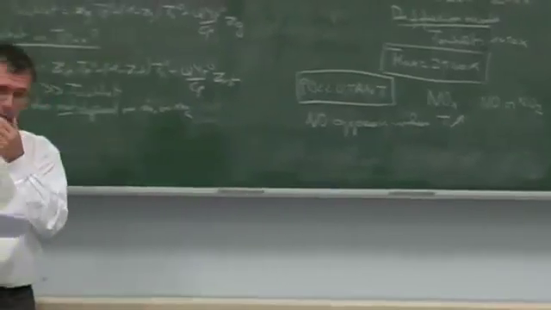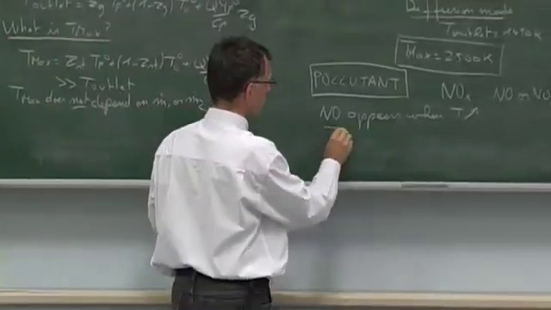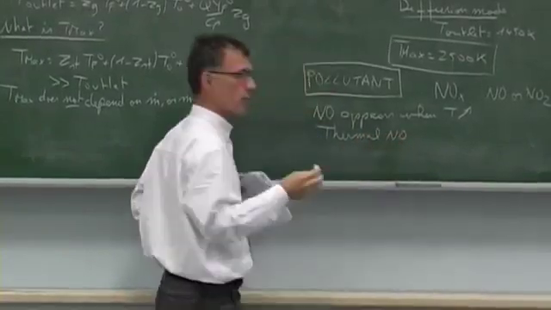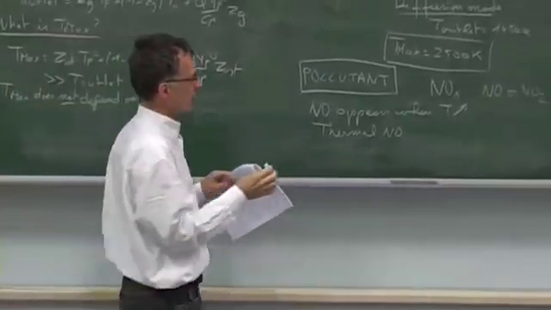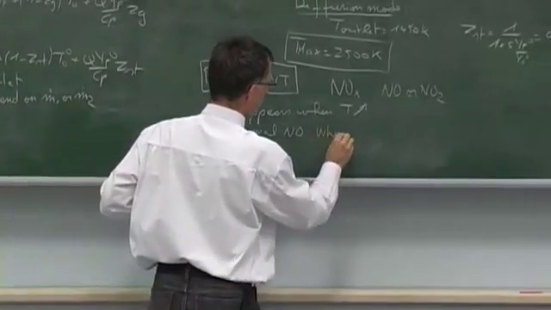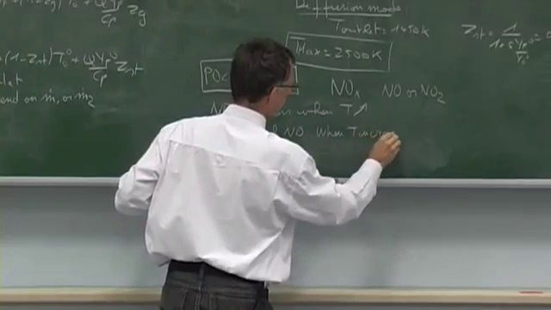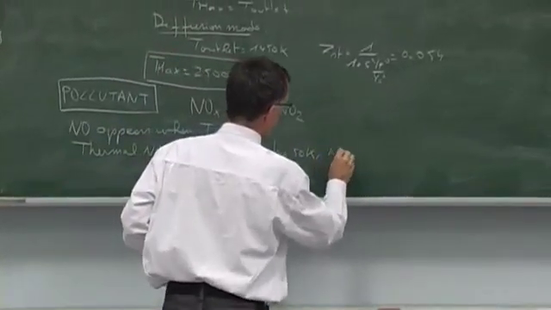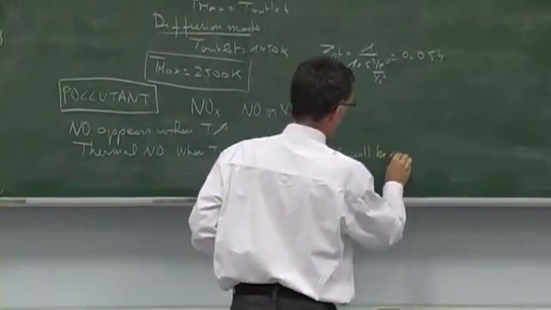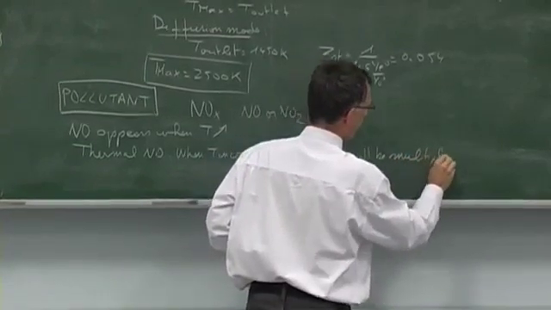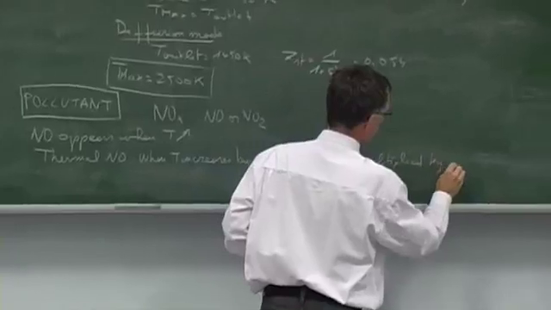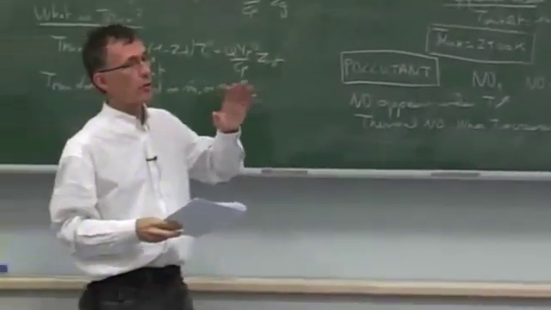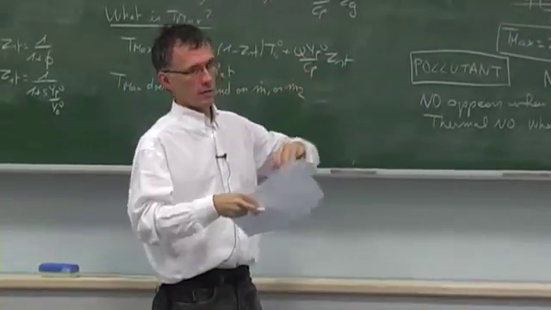And there is one specific mechanism which is called thermal NO. The typical rule of thumb that you can use here is that when temperature increases by 50 K, NO will be multiplied by a number of the order of 2 to 4, something like this. So when the temperature increases by 50 K, you make 2 times more NO.